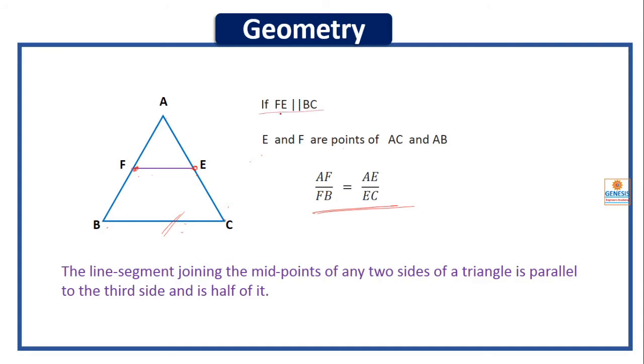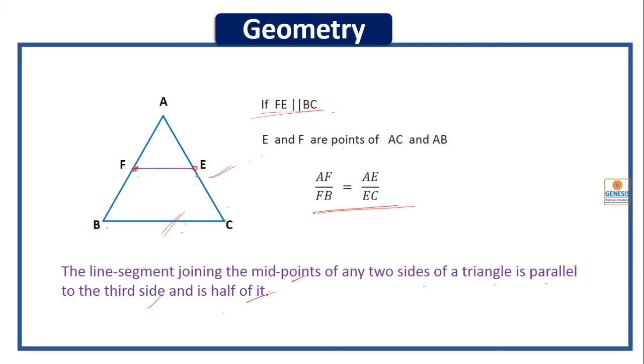So the line segment joining the midpoints of any two sides of a triangle is parallel to the third side and is half of it. What is that?